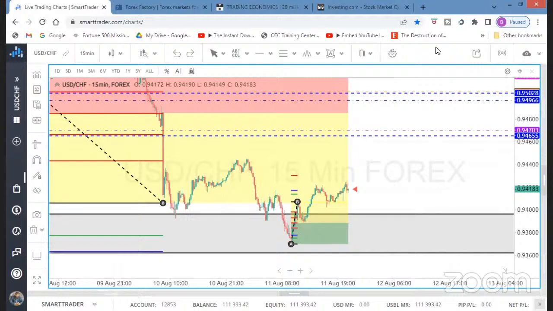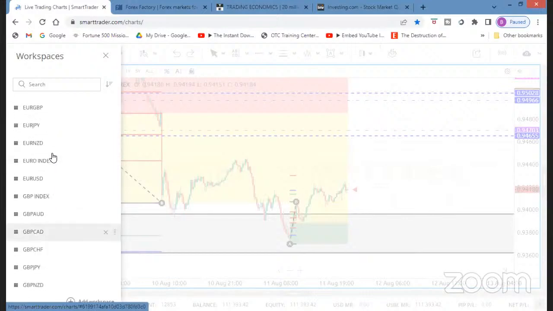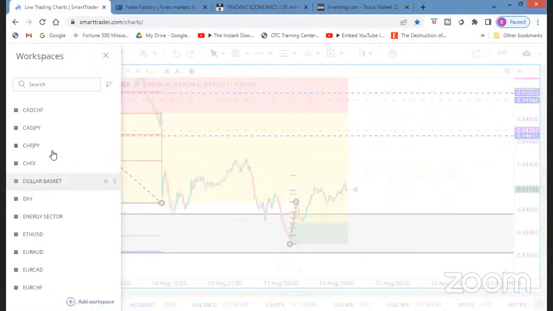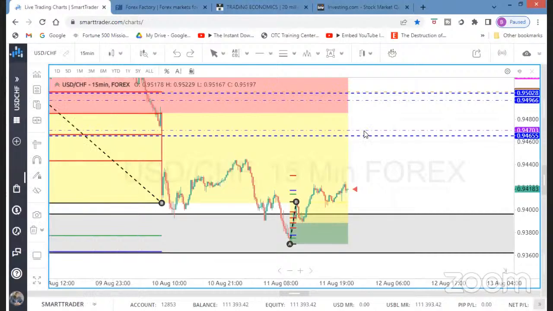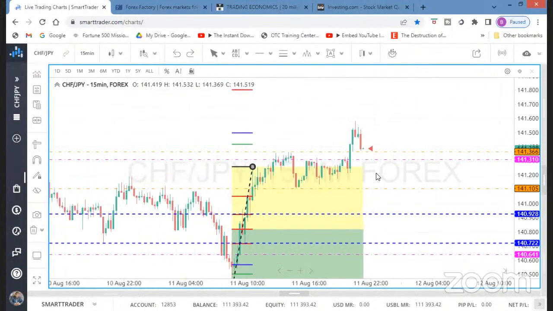Good. Okay. I want to go back, and I want to take a look at the Swiss yen because it could be the gift that just keeps on giving. So I spotted a setup there, right here. Okay.